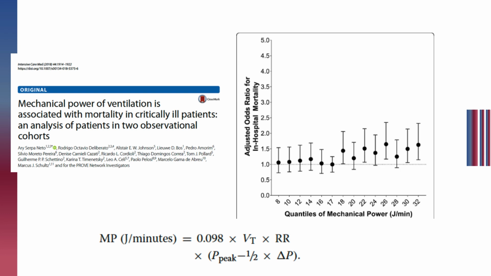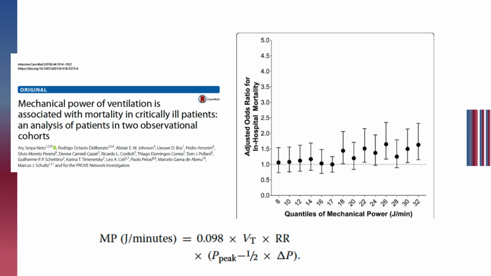limits, because as you can see, there's been some data looking at mechanical power and mortality in patients with ARDS. You can see that as mechanical power increases above 20, some will say above 18, which is very much like the driving pressure concept, we start to see greater risk for mortality.